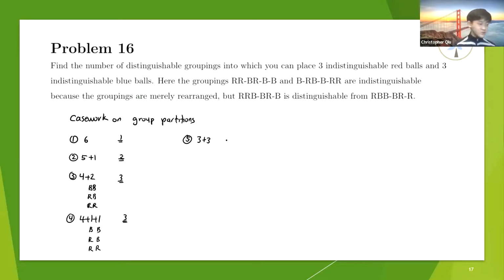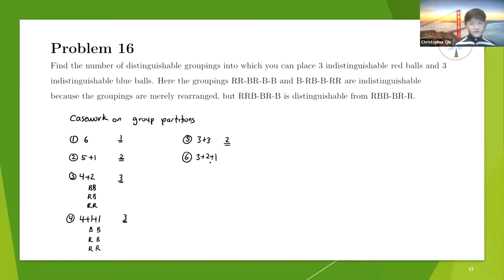And these are the only 2 possibilities, because all other possibilities are merely rearrangements of these 2 groupings. So in this case, there are only 2 possibilities for our grouping.